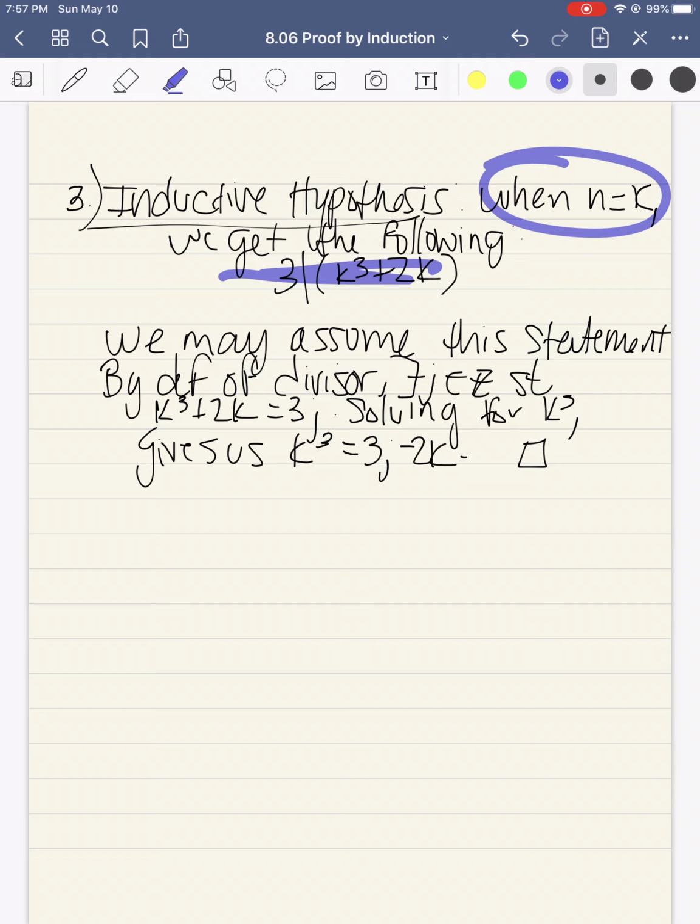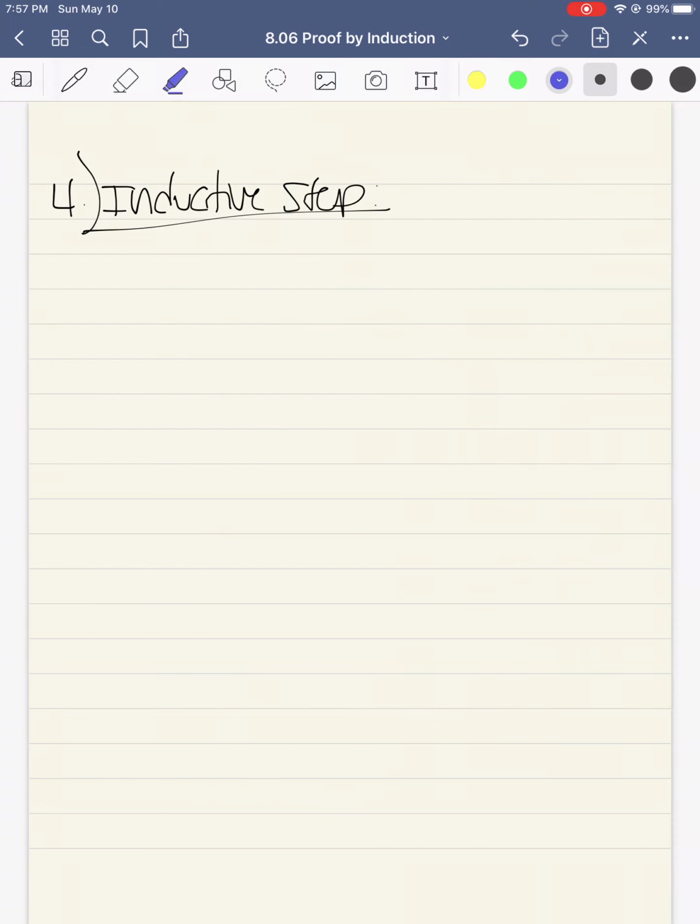But if you can prove to me that when n is equal to k plus 1, by just adding 1 to k, if you can prove that 3 is a divisor of that statement when n is equal to k plus 1, then I'll let you say that the whole statement is true. So that's essentially proof by induction in a nutshell.